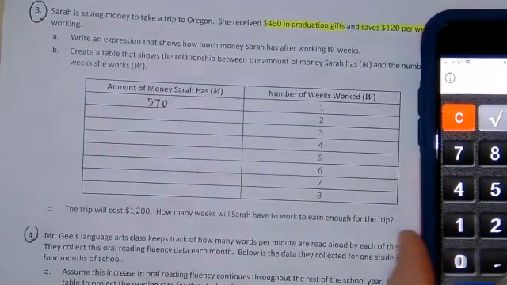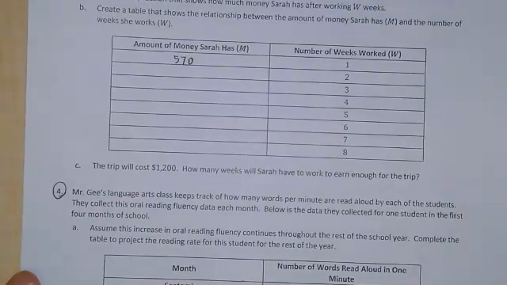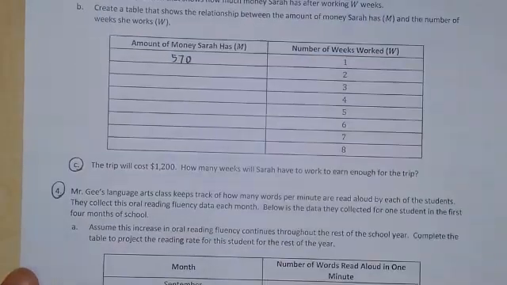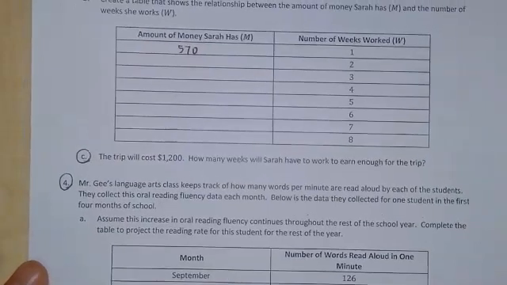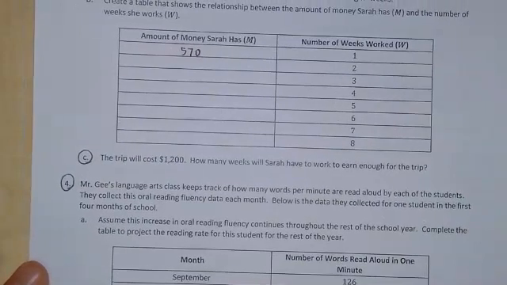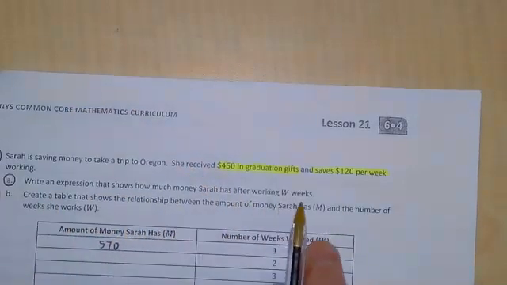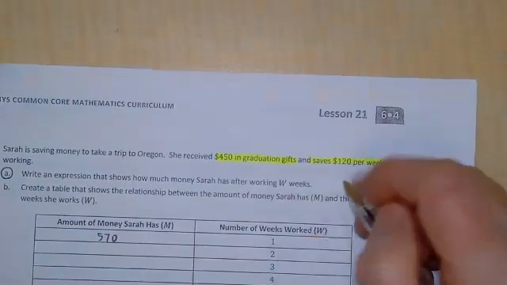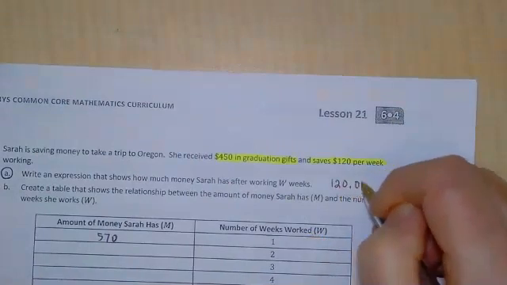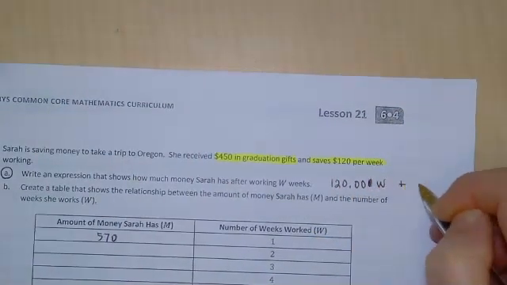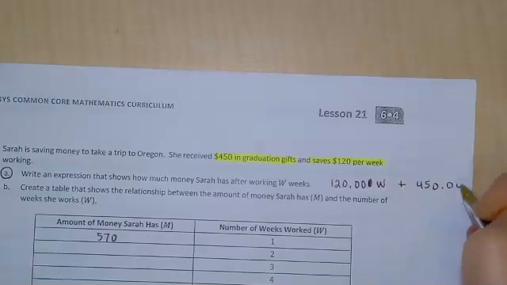Go ahead and finish 2 and 3. You're answering these 2 questions. Oh, let's go back to A. Write an expression that shows how much she has after working W weeks. She gets $120 times W plus the $450 she had before she started.